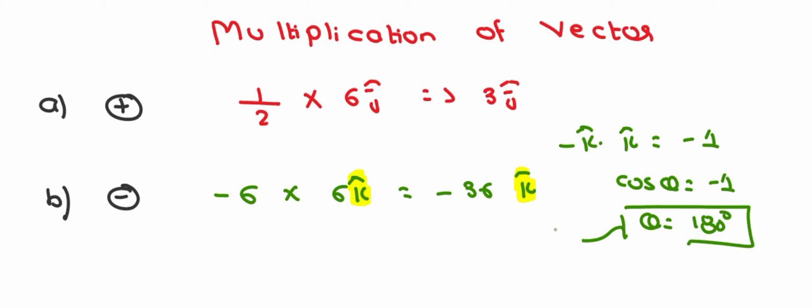So we can conclude that if a negative number is multiplied with a vector quantity, the magnitude of the vector may vary, but its direction is reversed by 180 degree. So this is all about the multiplication of a vector by a scalar.